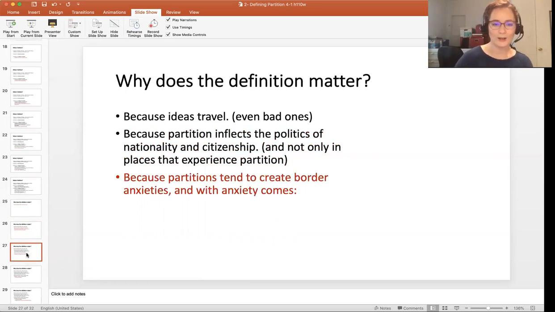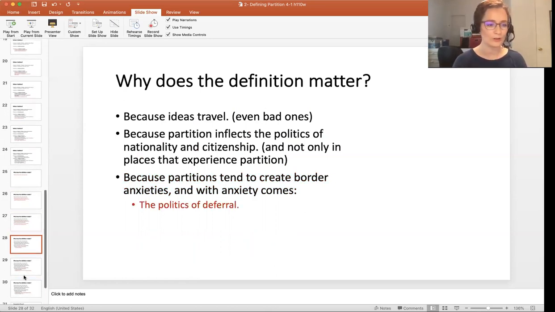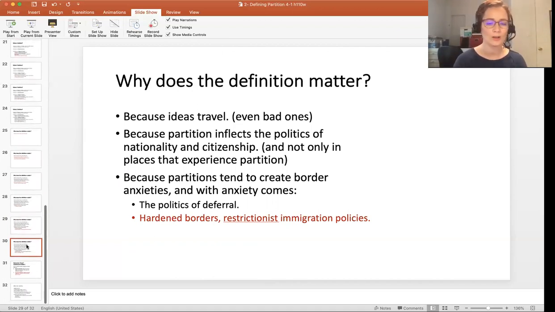Next, the definition matters because partitions tend to create border anxiety. So they don't just create borders, they create anxieties around borders. And with those border anxieties, we see things like this politics of deferral, which I've just discussed. We see things like hardened borders, restrictive immigration policies, and border walls emerging as a result of these anxieties about the border and what it represents.